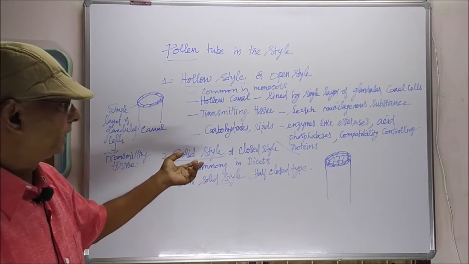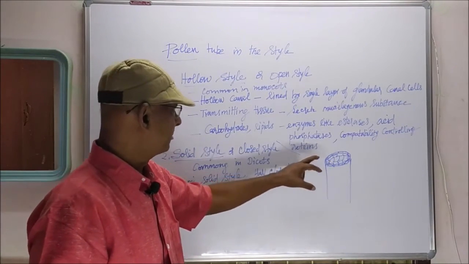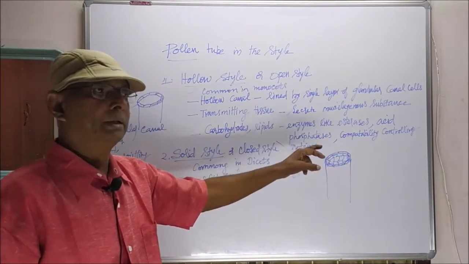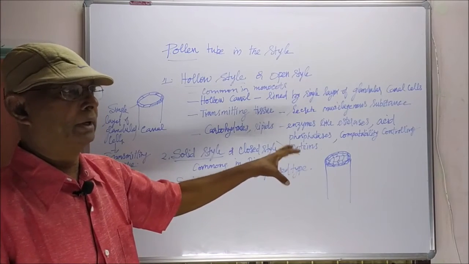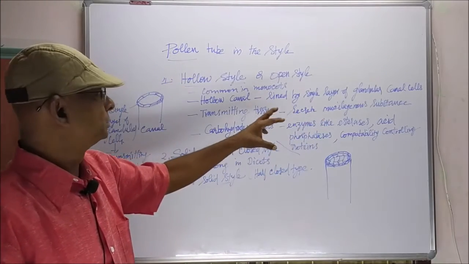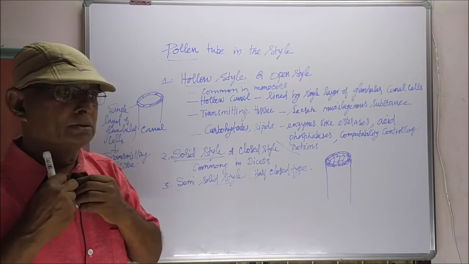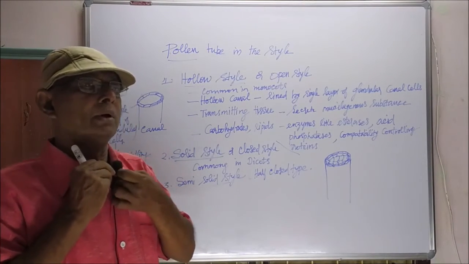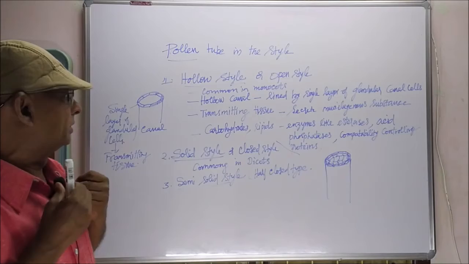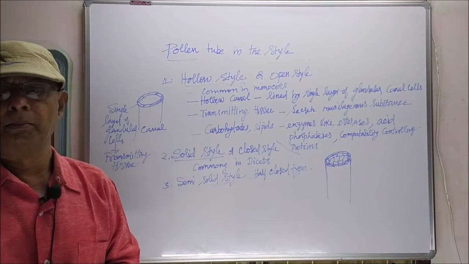Or in other words, you can say the transmitting tissue occupies the central portion of the closed or solid style. The secretions contain all the substances present in the secretions of the hollow style, and the function is also the same.